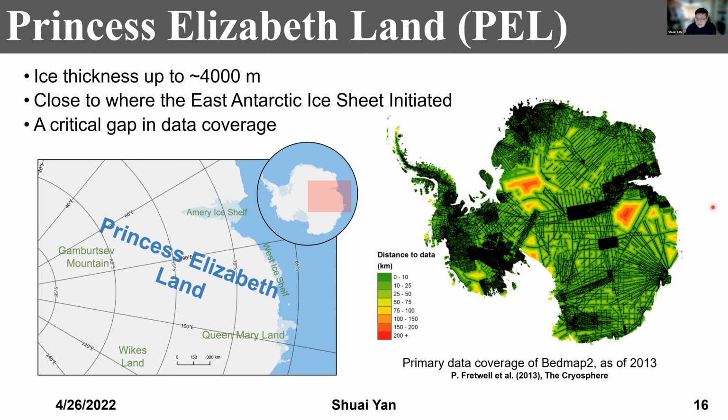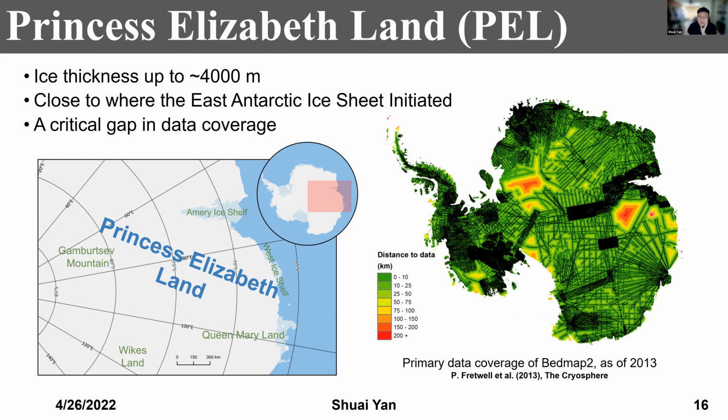In this data coverage map, the dark markers are the previous survey passes. So that's where we had data. And the color map represents how far it is from the nearest data coverage. And as you can see, in PEL, we simply didn't have any data when this database was put together.